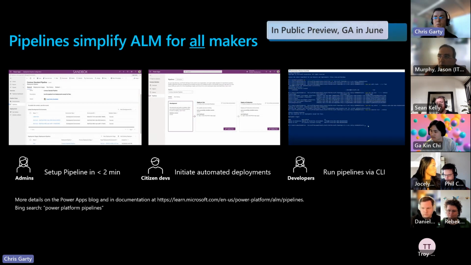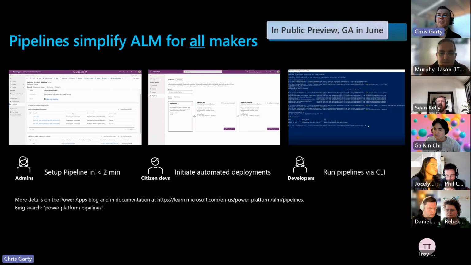So inside of the solutions experience, inside of the solution explorer, when you click into a solution, on the left side, in addition to being able to see your objects and your history, you'll have a pipelines tab. And that pipelines tab will give you access to the pipelines that your administrators have defined.